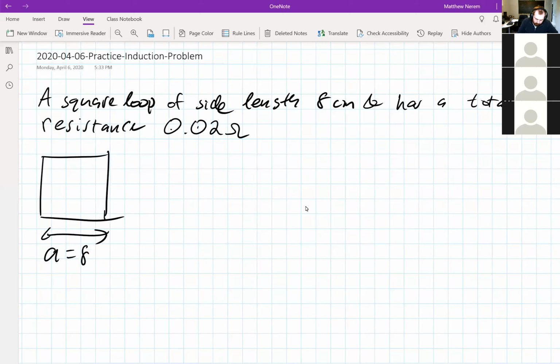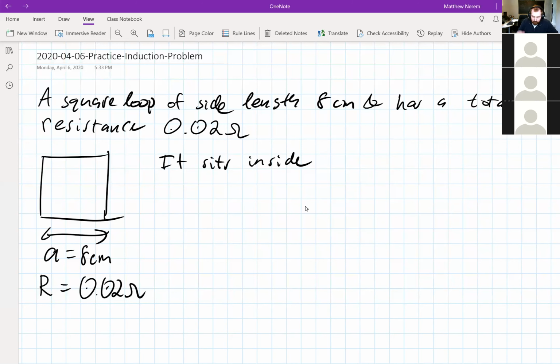Side length 8 centimeters, R equals 0.02 ohms. And it's going to be sitting inside a uniform magnetic field.